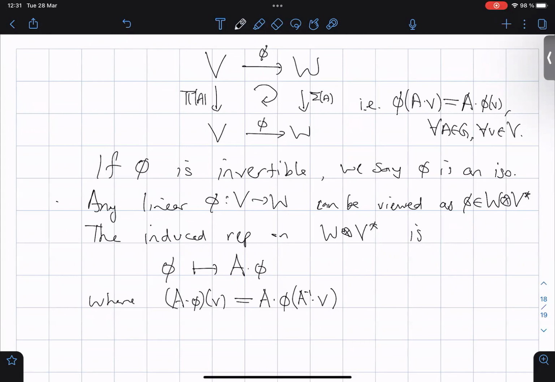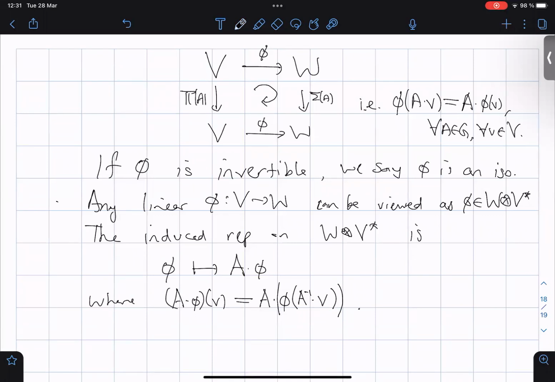So these dots mean different things. This is the action on a linear map. Here, this is the action on the vector space V, in particular, a vector in that vector space V. Here, it's the dot on the W side, on the output. So just to be very clear, it's acting on this vector in W. So that's an action.